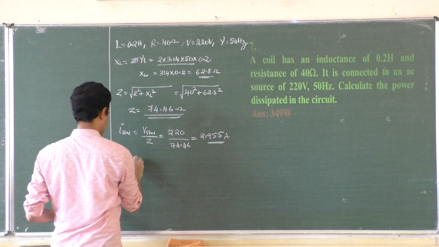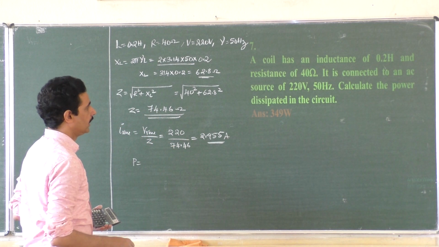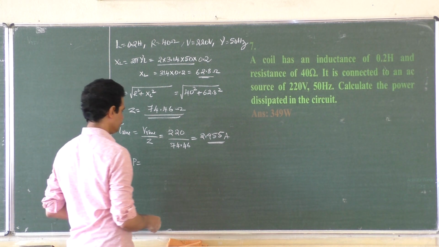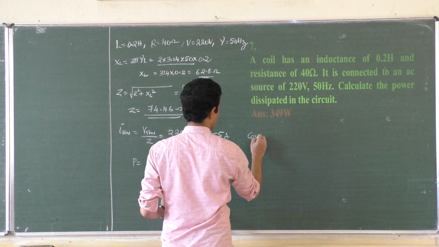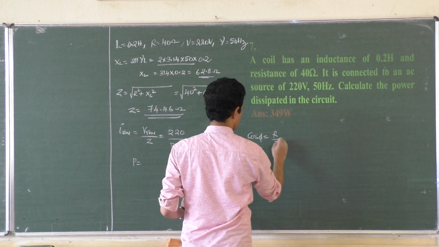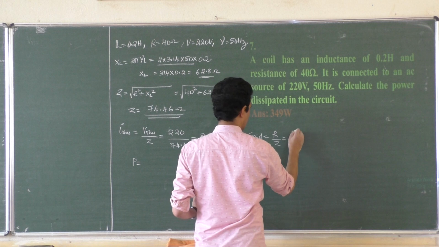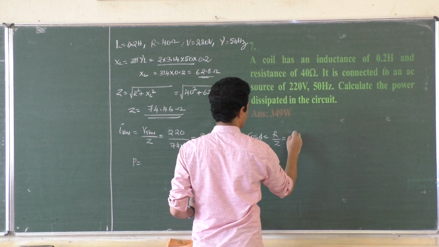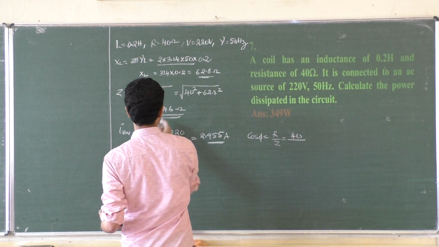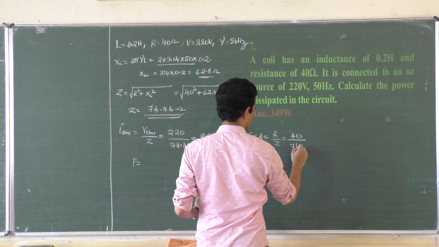So what is the power dissipated? Power is equal to Vrms Irms cos phi. What is cos phi? Cos phi is equal to R by Z. R is 40 ohm, divided by Z, which is 74.46.